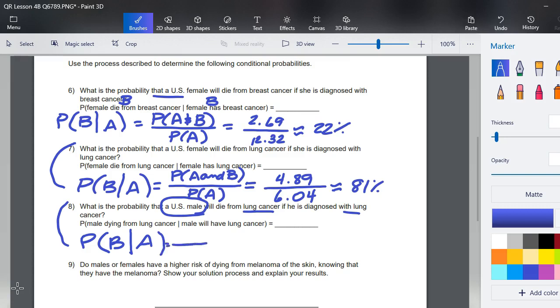It equals the probability of dying from lung cancer and the probability of having lung cancer. When I look at the chart, dying from lung cancer, the probability is 6 3300ths. Having lung cancer is 7 1900ths. And when I divide and round to the nearest whole number, I get 88%. I'm going to keep going.